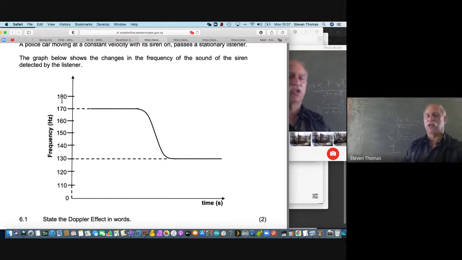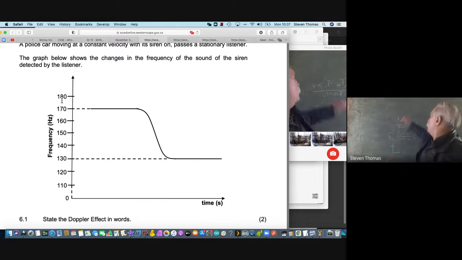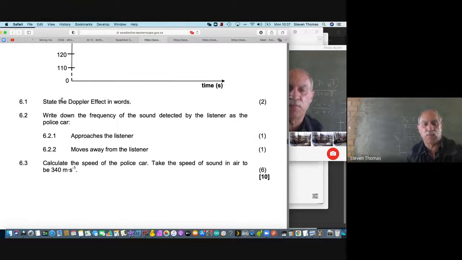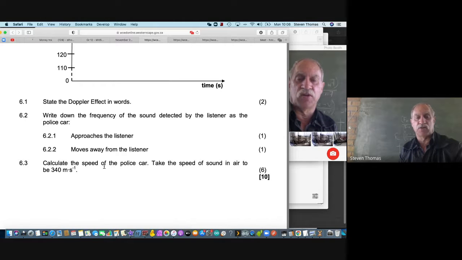Then finally, you're just going to use that same formula that I said: frequency high minus frequency low over frequency high plus frequency low, times velocity, equals the velocity of the source. So you're going to do 2 simultaneous equations for both frequencies, and then use the equation that I showed you on the board to work out the speed of the police car in this case.